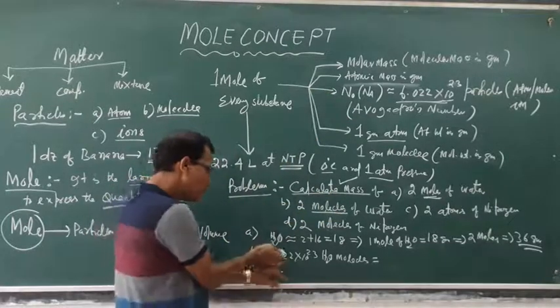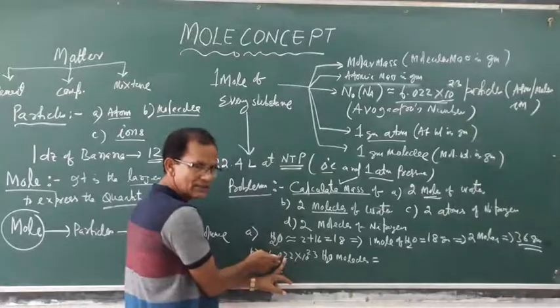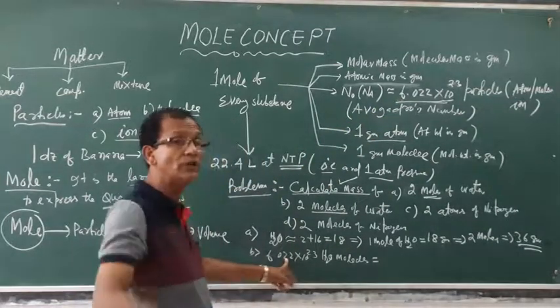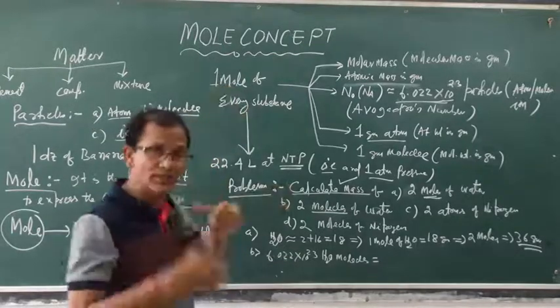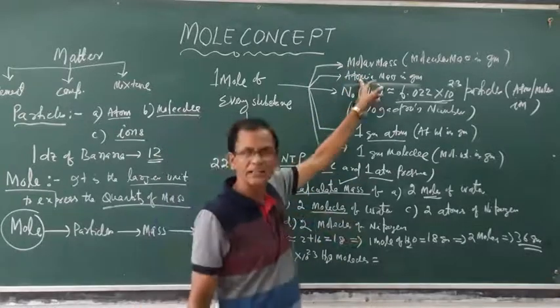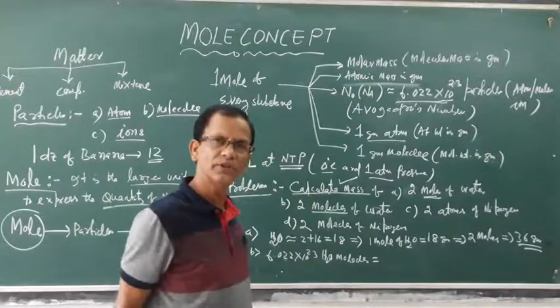We know this number of particles is always equal to 1 mole, which is equal to the molar mass in gram. It depends upon the question.